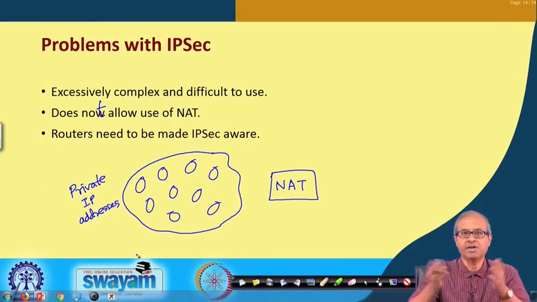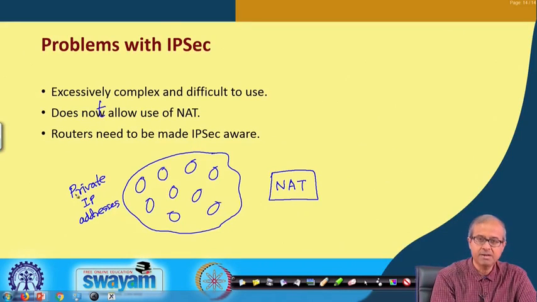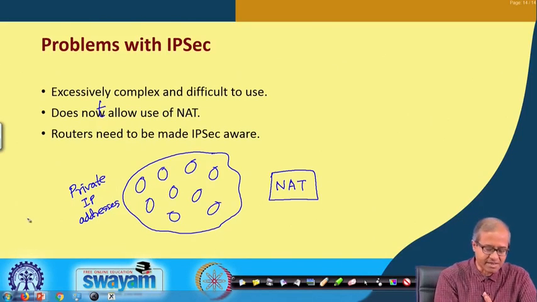I do not have to take permission from anybody to use them, and because there are so many computers, we can assign one unique private IP address to each machine. But the problem with private IP addresses, like here we are using a class A address that starts with 10 dot something.